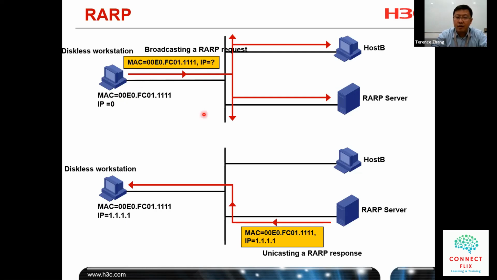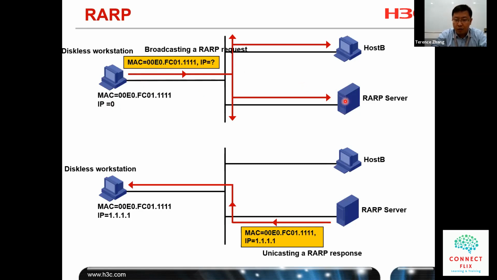Actually, in the early days, when a host joined the network, it knew its own MAC address, but it wanted an IP address for layer 3 communication. So it sent a RARP request to a server to get its IP address.